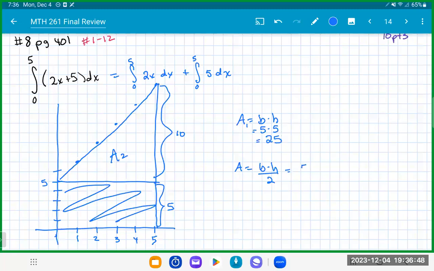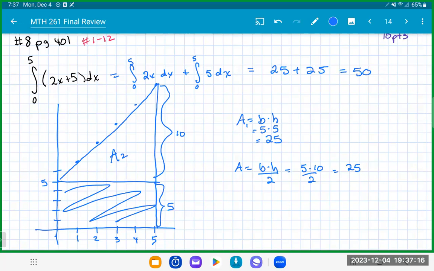So that is 5 times 10 divided by 2, which would also be an area of 25. So we would say that the integral is equal to 50, because we add those two areas up: 25 plus 25 is 50.